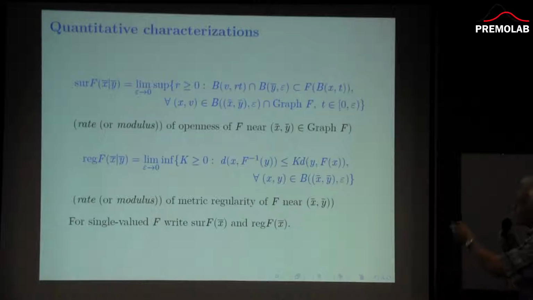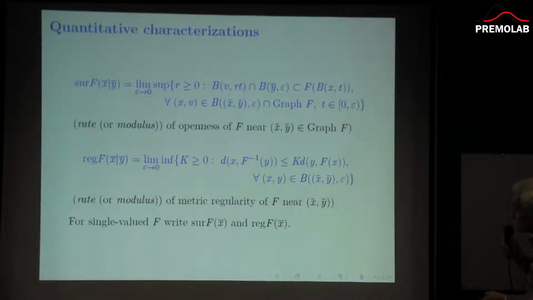You can give quantitative characterizations for this concept. You can look for the largest R such that this uniform controllability property holds, and you can look for the smallest k such that this inequality is valid in a neighborhood of this point (x bar, y bar).